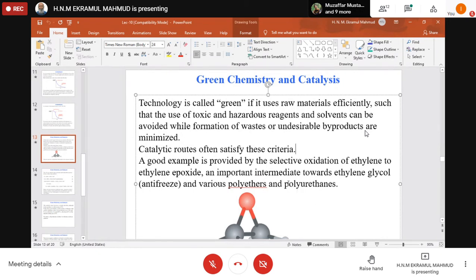For the production of polyurethanes and polyethers, we use the chemicals, right? That is your ethylene epoxide, and it comes from ethylene, right? So ethylene will be converted to ethylene epoxide by the conventional way.